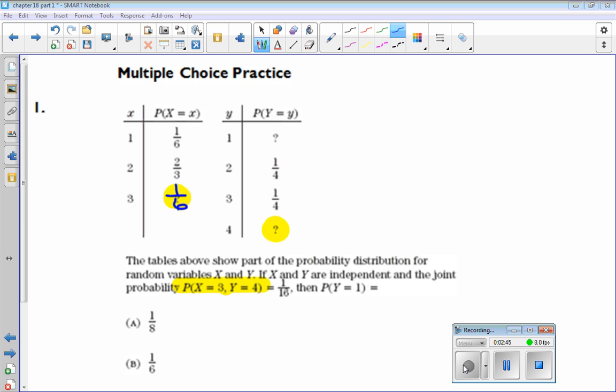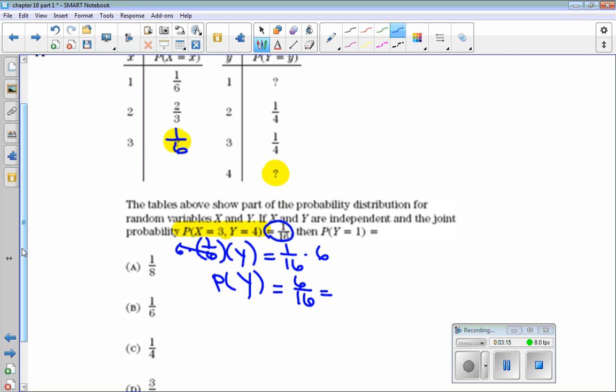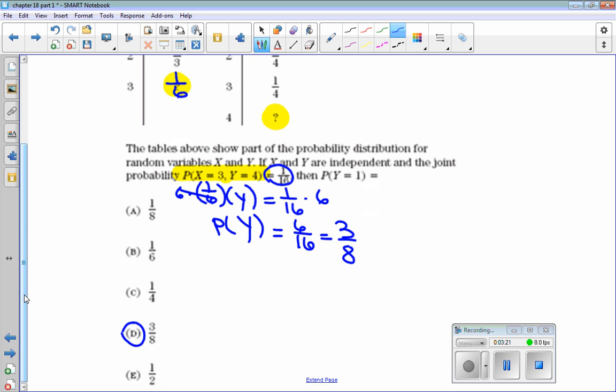However, I am told that the product, the 1/6 times the probability of y, is equal to 1/16. So if I multiply both sides by 6, the probability of y is going to be 6/16, which reduces to 3/8. So the answer to this question is simply going to be D.